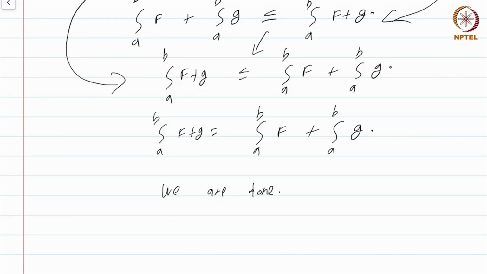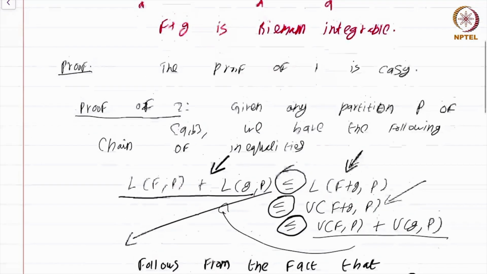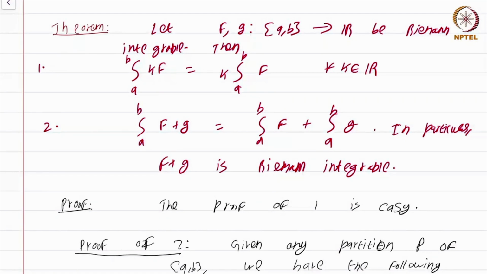Okay, so this property that we have done, that integral a to b kf is k times integral a to b f, and integral a to b f plus g is integral a to b f plus integral a to b g, is called linearity. So essentially, the collection of all Riemann integrable functions is usually denoted by script R[a,b].